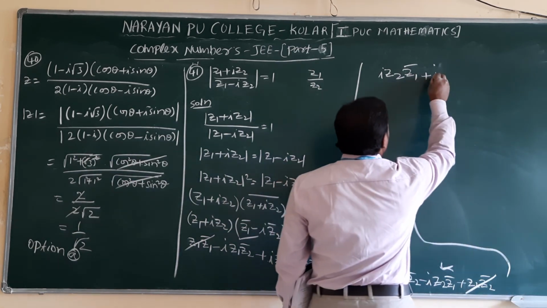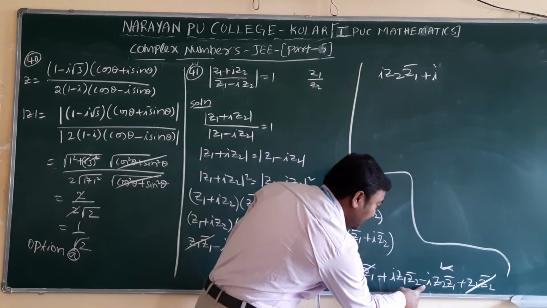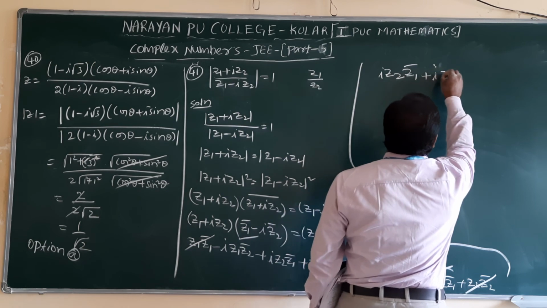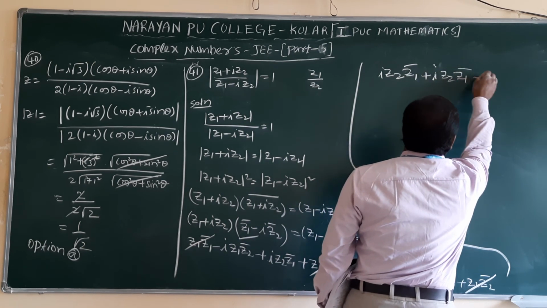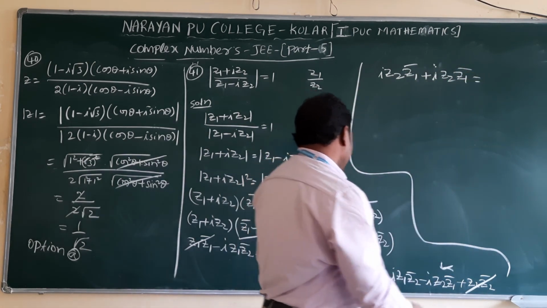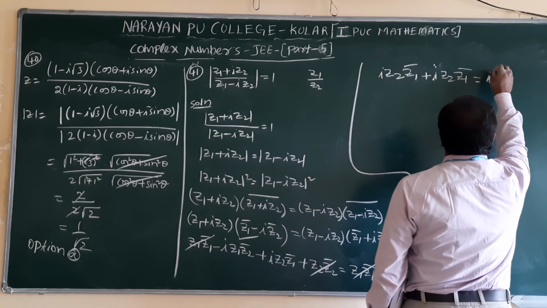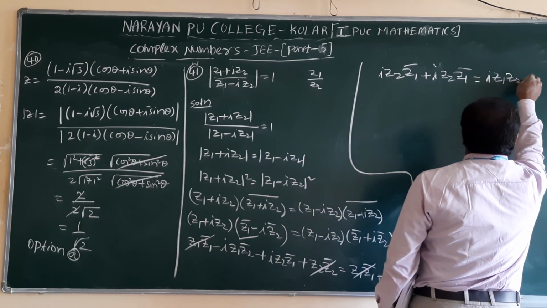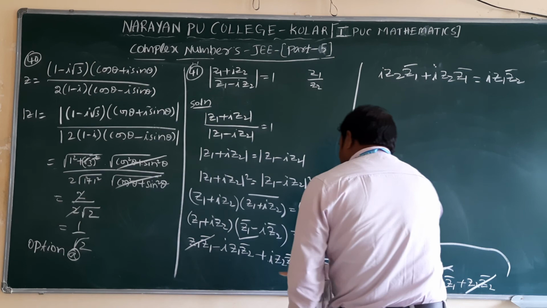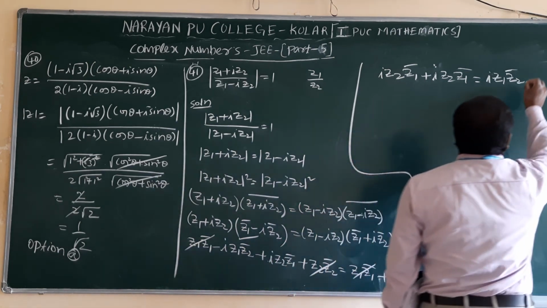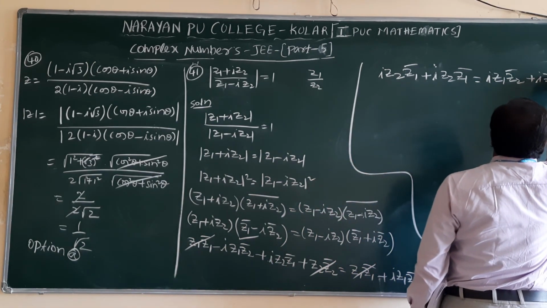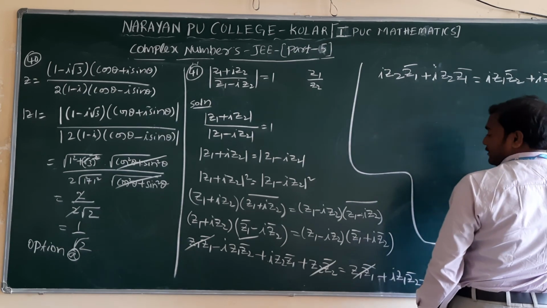Here minus i into z2 into z1 bar is equal to, here i into z1 into z2 bar, take this side, we get plus i into z1 into z2 bar.